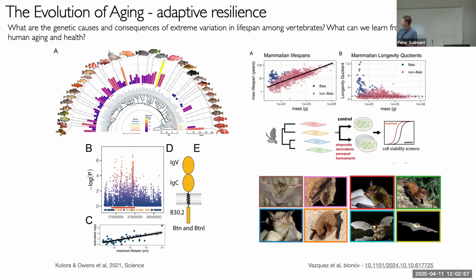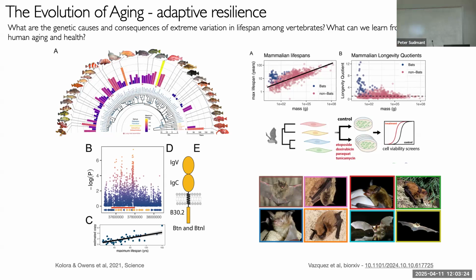More recently, we've been exploring other systems, like bats. This is some work we have in bat genomes, which is really exciting. It's on bioRxiv right now. And bats are really cool for a lot of reasons. In this picture on the left, the x-axis is log mass and the y-axis is log of maximum lifespan.